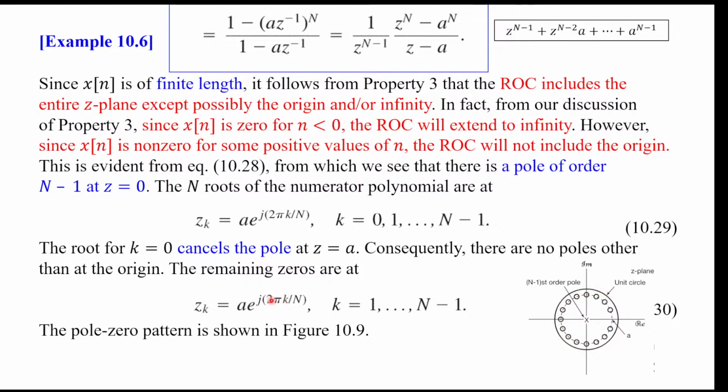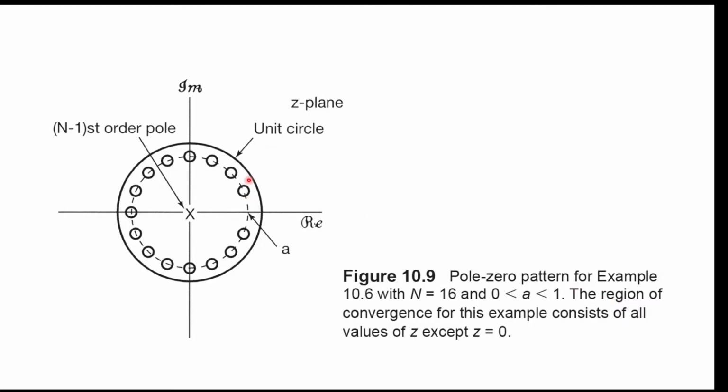So its angle is 2 pi k divided by n, because there are n points on this circle, but this k equal to 0 point, which is just equal to a, cancels with this z minus a pole. Okay, so the pole-zero plot is a bit more complicated. Sorry, and so we actually have a bigger picture on the next slide.